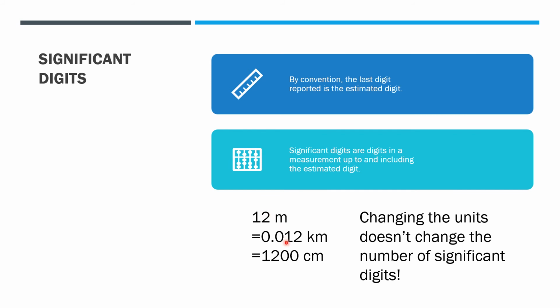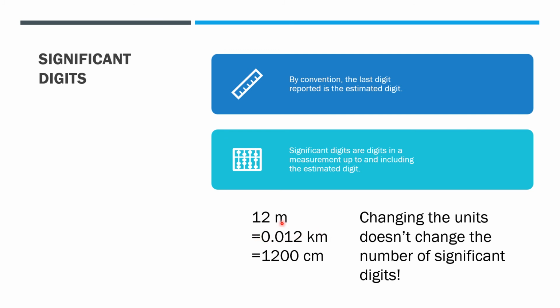Consider these 3 measurements. Now they're all the same. 12 meters is the same thing as 0.012 kilometers, and that's the same thing as 1200 centimeters. So if you were just counting digits, you might be tempted to say, well, this has 2 significant digits. But when you look at this one, you might be tempted to say, well, there's 4 digits there, but there's not.